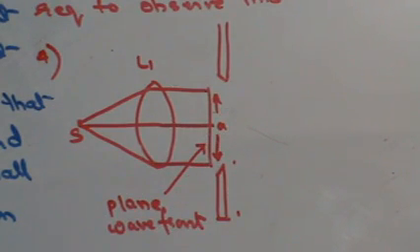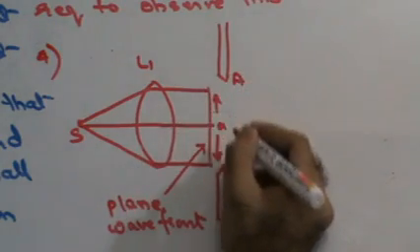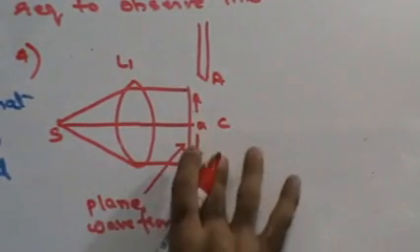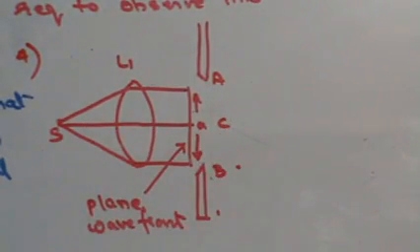Now, as it passes through the slit AB, where C is the center of the slit, ideally, without diffraction, it should have passed straight.